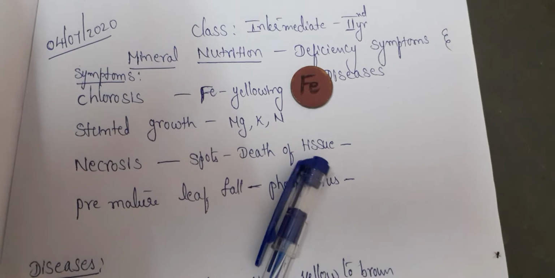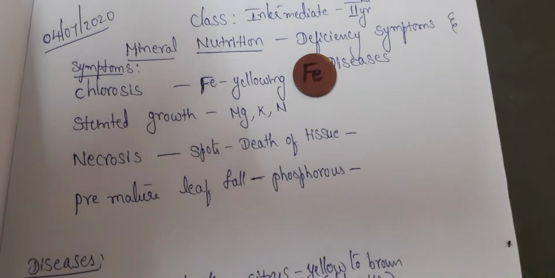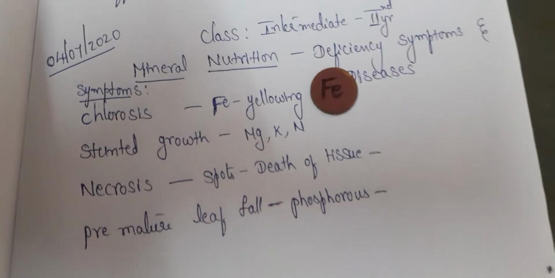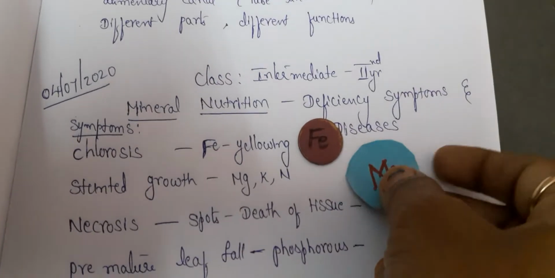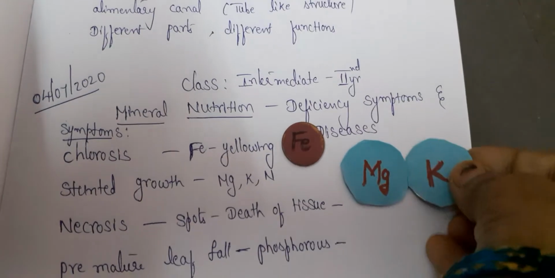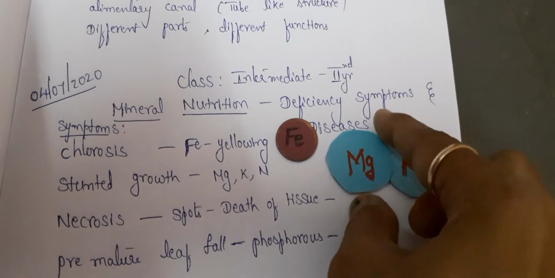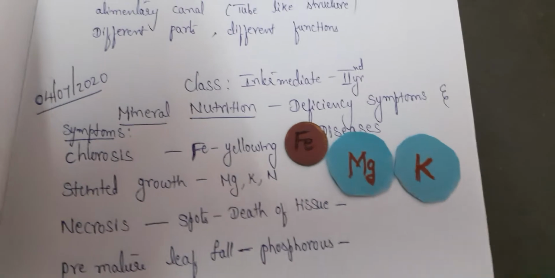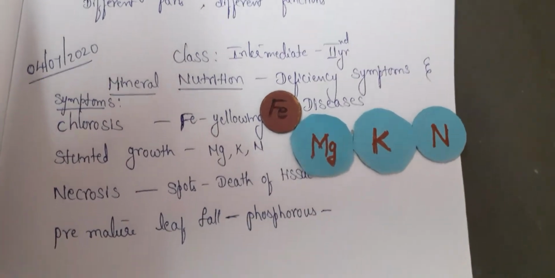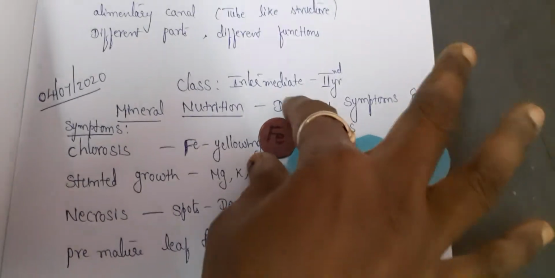These are the different elements. If they are deficient in the plant, it will lead to stunted growth. So we have magnesium, potassium and nitrogen. So these three will cause the stunted growth in the plant.